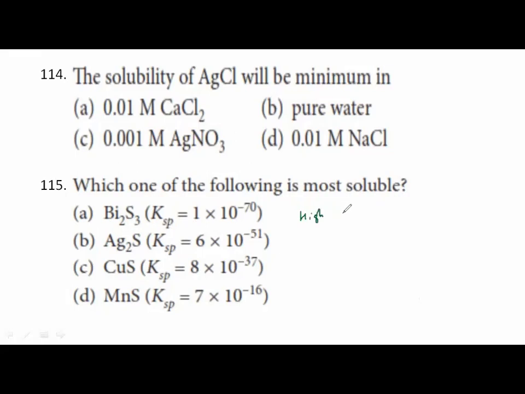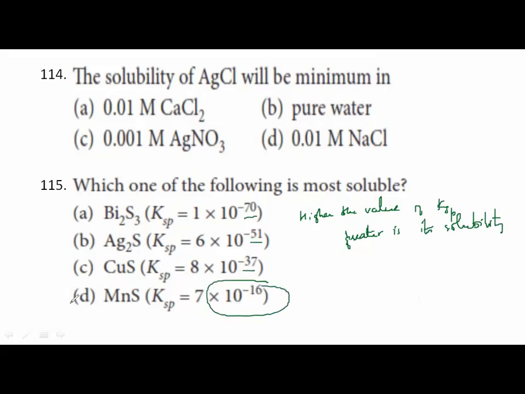Higher the value of solubility product, greater is its solubility. We have seen this. Correct? So which is having higher value? Minus 70, minus 51, minus 37, this is having higher value. So it is for MnS.